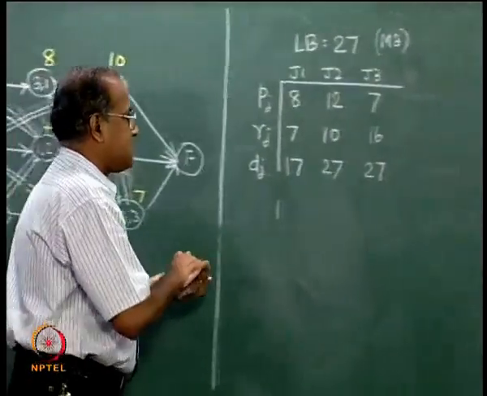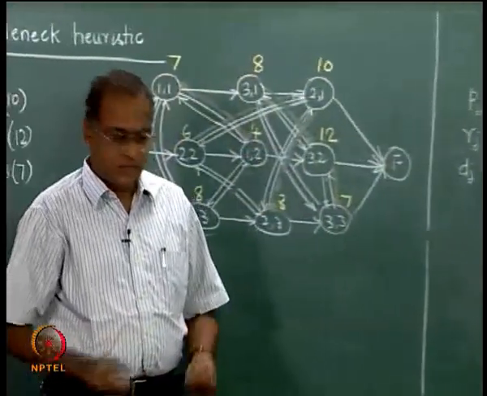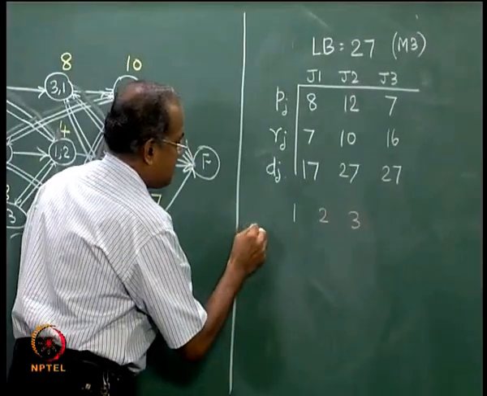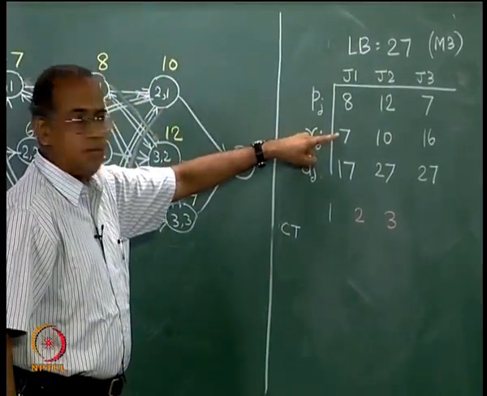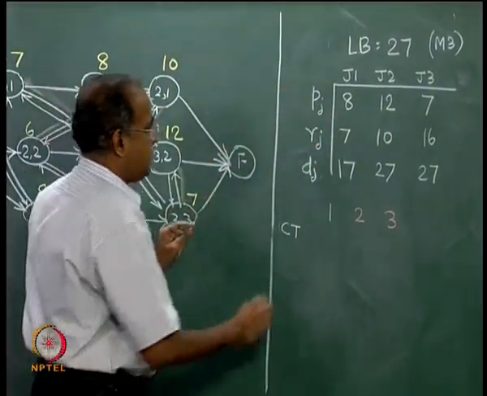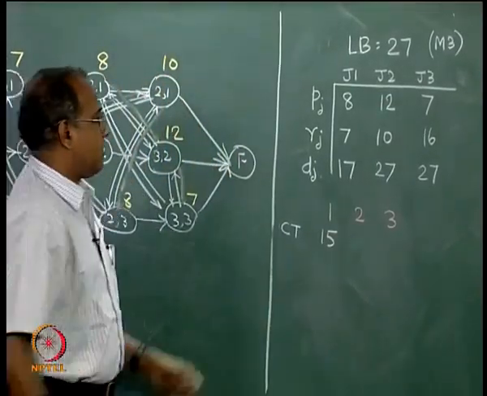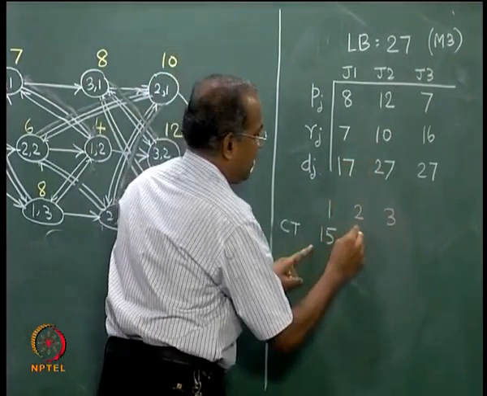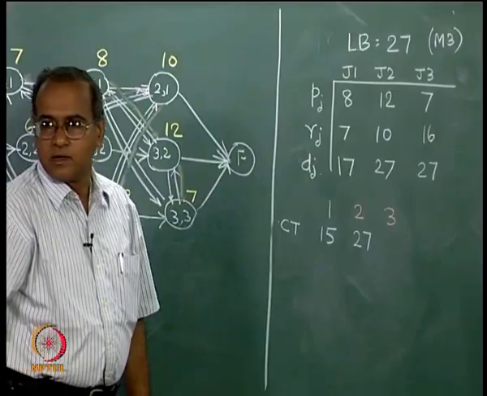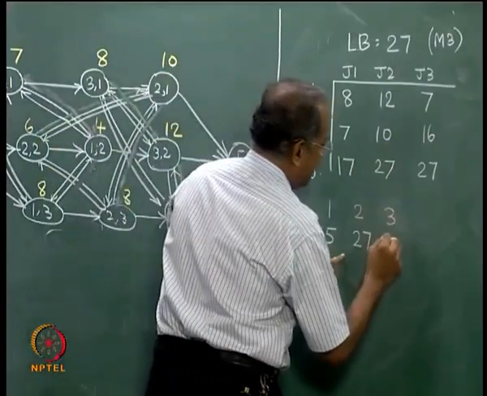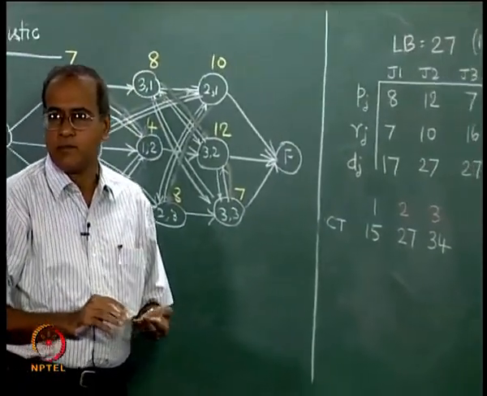So, let us take the case 1 2 3. Now, completion times. Now, J1 is available only at time equal to 7. So, 7 plus 8, 15. Now, at 15 J2 is available, 15 plus 12, 27, and at 27 J3 is available, 27 plus 7, 34.